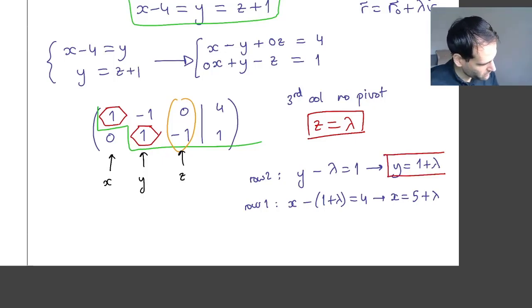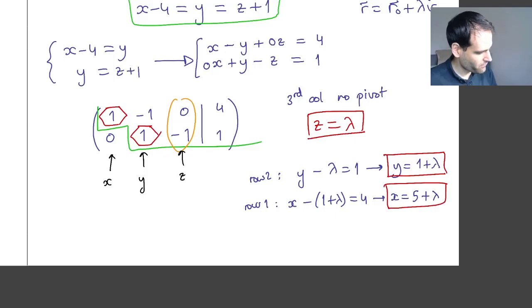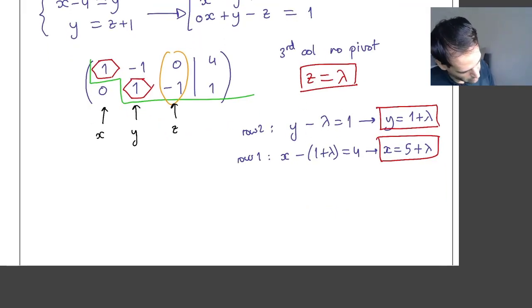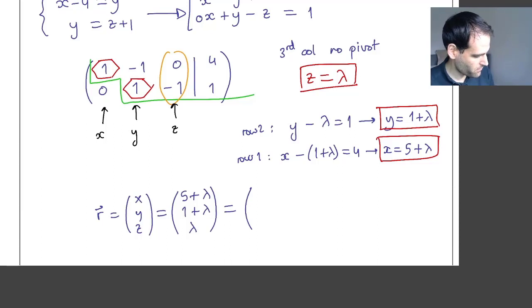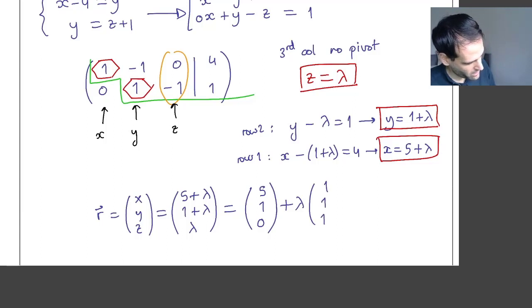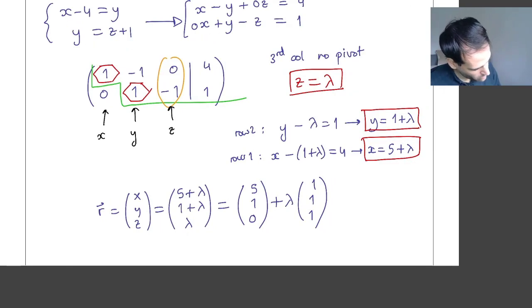So we have solved all the variables x, y, and z, and now we can write it in vector form. So r, which is equal to x, y, and z, is equal to 5 plus lambda, 1 plus lambda, and lambda. Or if we write it keeping the independent terms first, it is (5, 1, 0) plus lambda times (1, 1, 1). And that's it. This is now our solution R with a free parameter lambda.